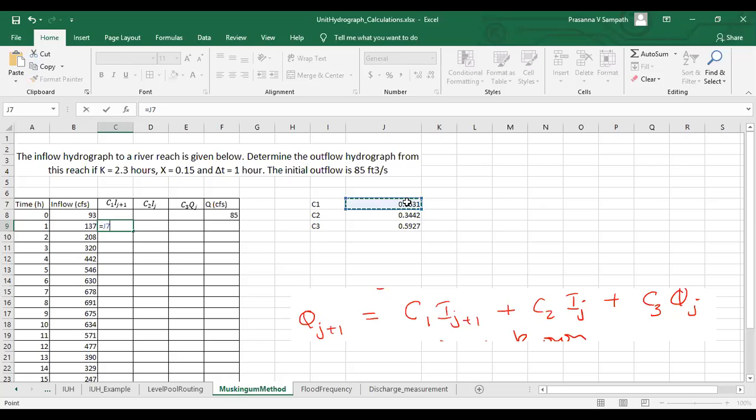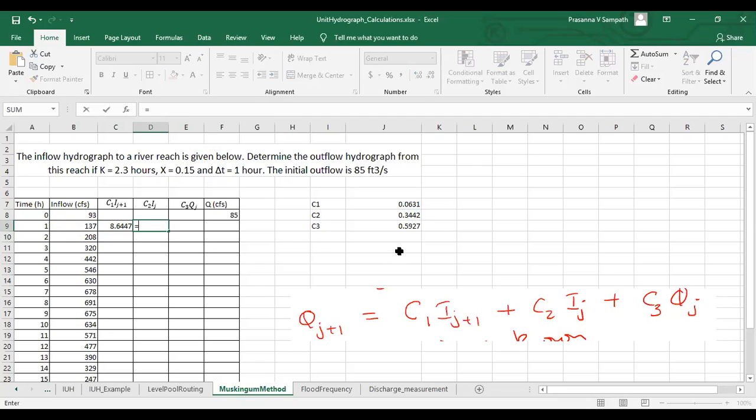C1, which is this number. Again, you'll notice that I'm going to use $J$7, which means that cell will never change. C1 into ij plus 1. So which of these two numbers will be ij plus 1? 93 or 137? 137. Okay, so I put that in, I get some number, 8.6, whatever it is. Then C2 times ij.